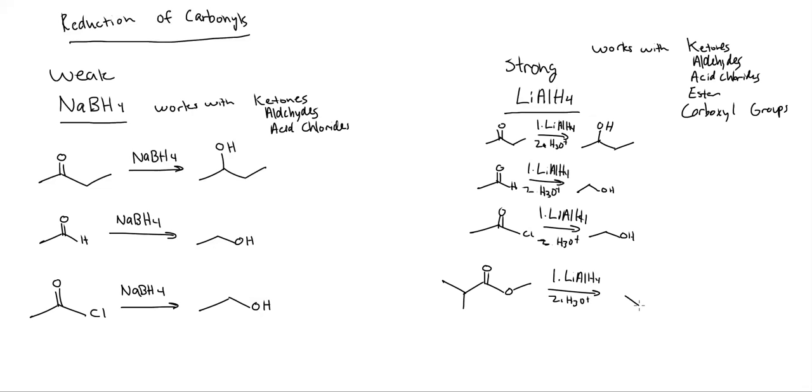Then what's going to happen is the carbonyl group turns into an OH, and this group right here leaves. So I'm just left with a primary alcohol. So esters, aldehydes, and acid chlorides all become primary alcohols. All these become primary alcohols.